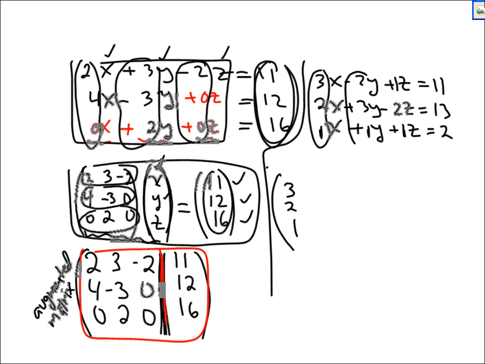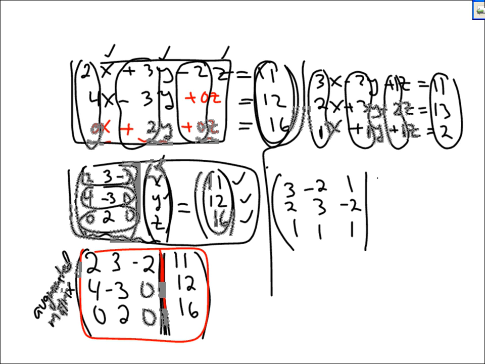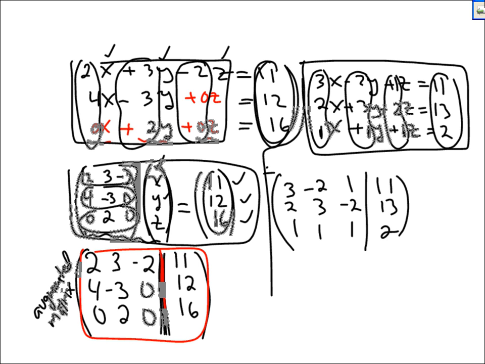The numbers in front of y: negative 2, 3, and 1. The numbers in front of the z's: 1, negative 2, 1. Then put your augmented line. And then write down the right-hand numbers. And you translated this system of equations into an augmented matrix. There is nothing to it. Nothing.